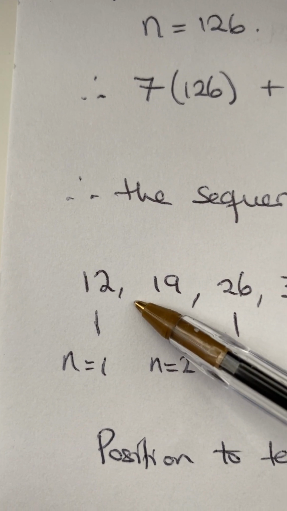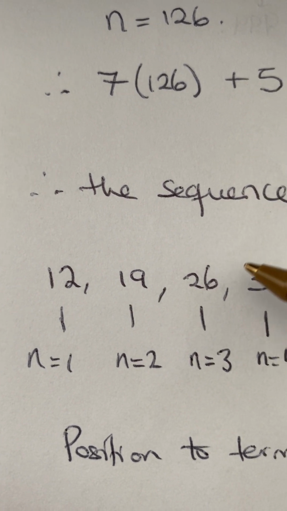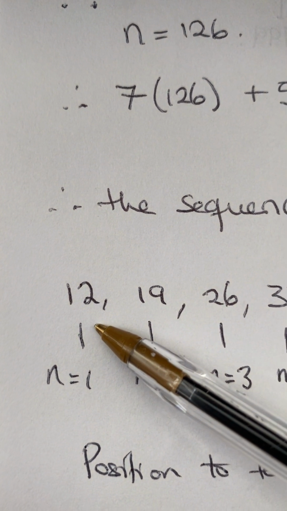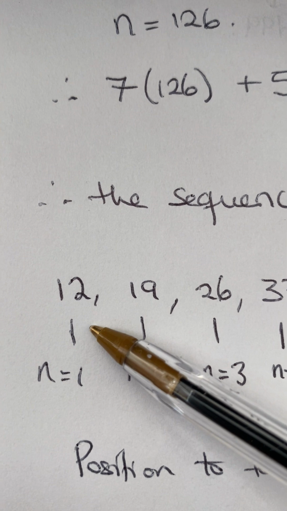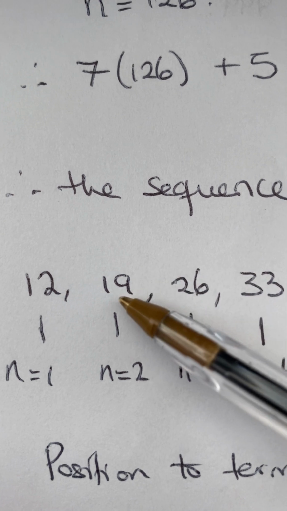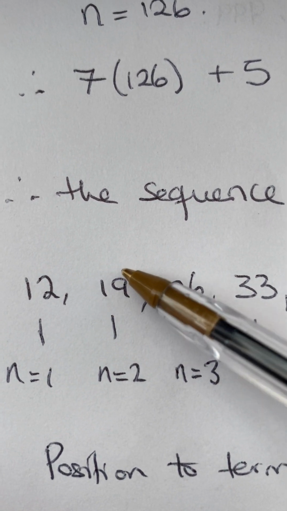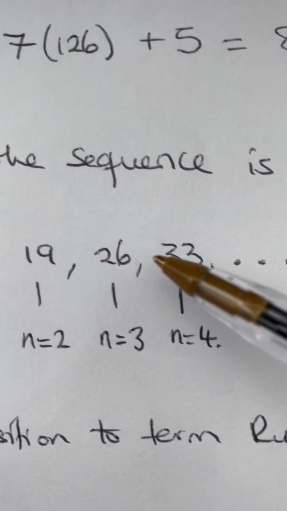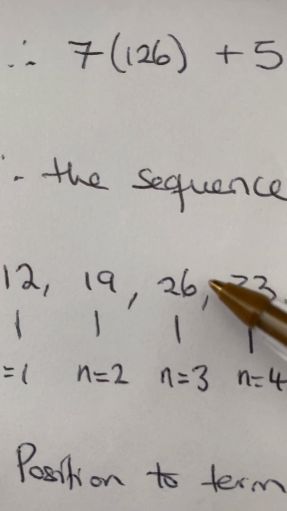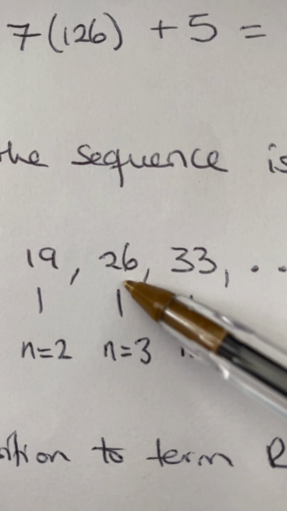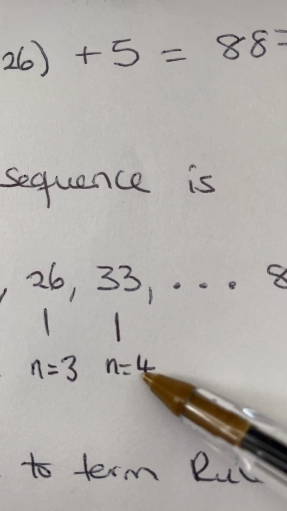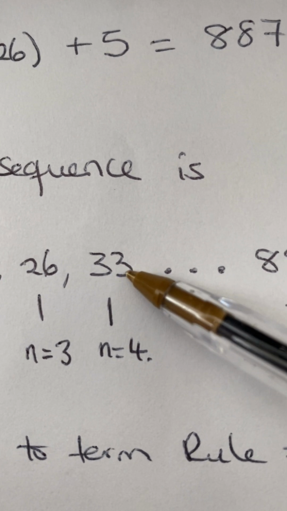So 7n plus 5: 7 times 1 is 7 plus 5 is 12. 7 times 2 is 14 plus 5 is 19. 7 times 3 is 21, plus 5 is 26. 7 times 4 is 28 plus 5 is 33.